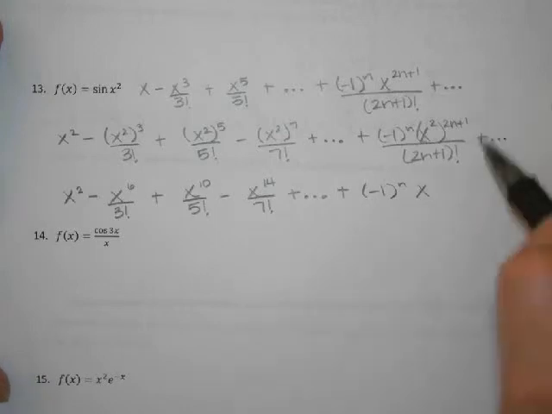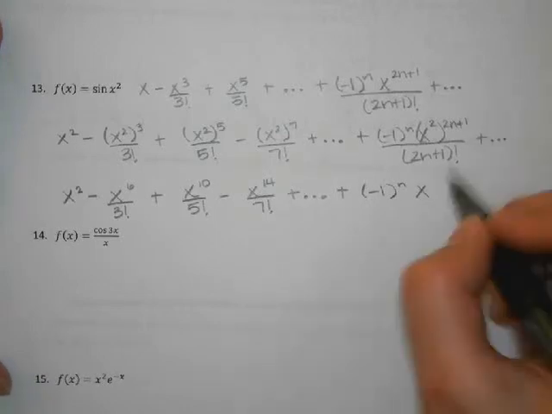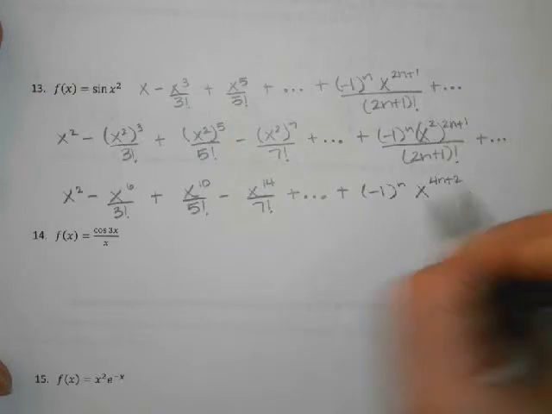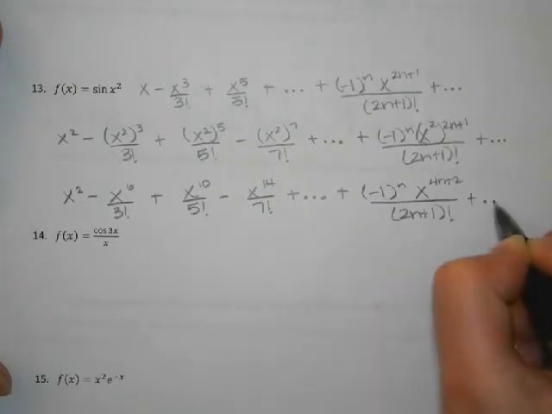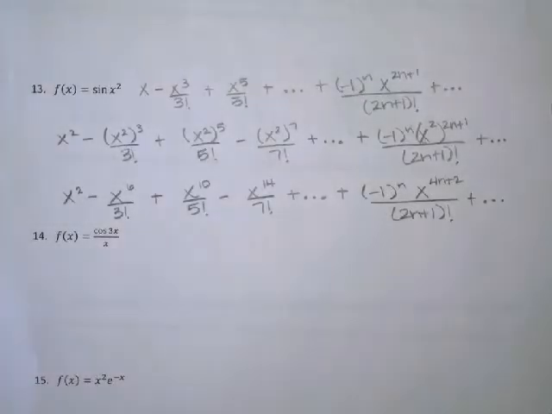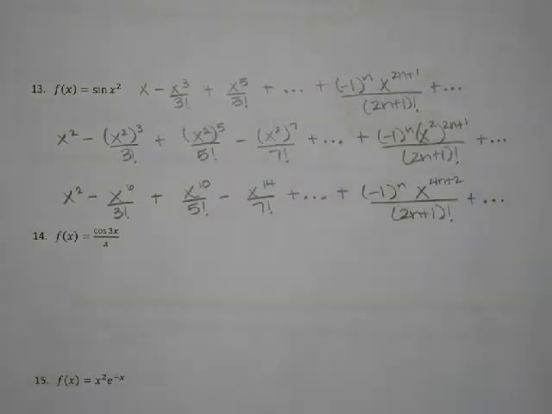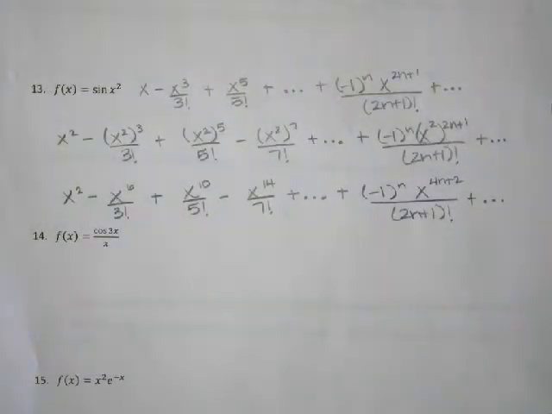x to the 4n plus 2. Okay. So now that we have 13 done, we can go to number 6. Was it 16? 17.